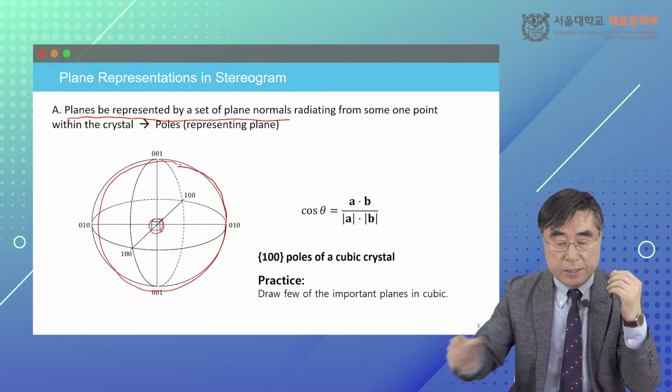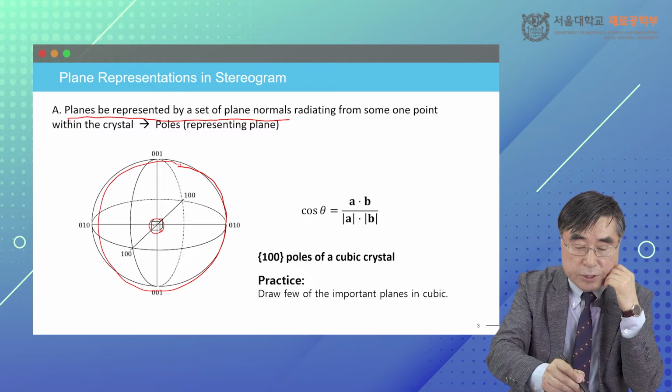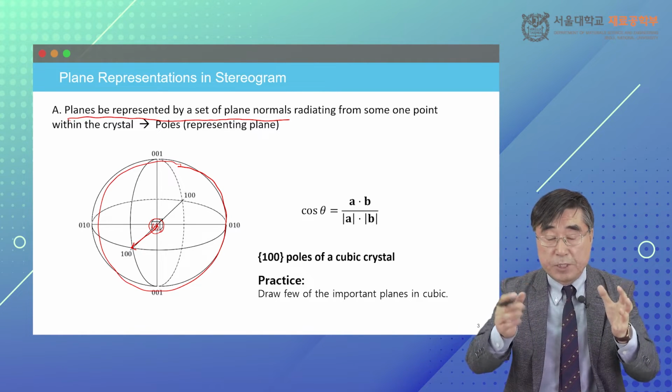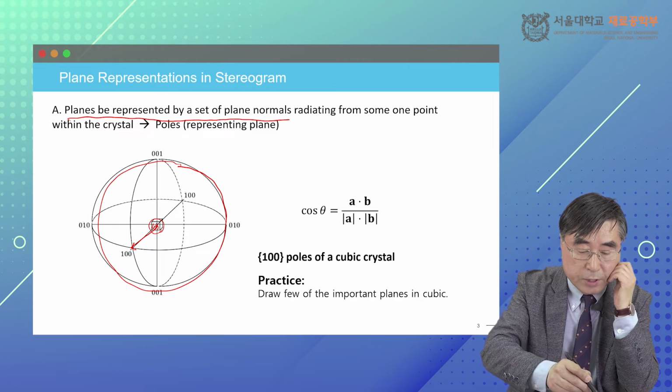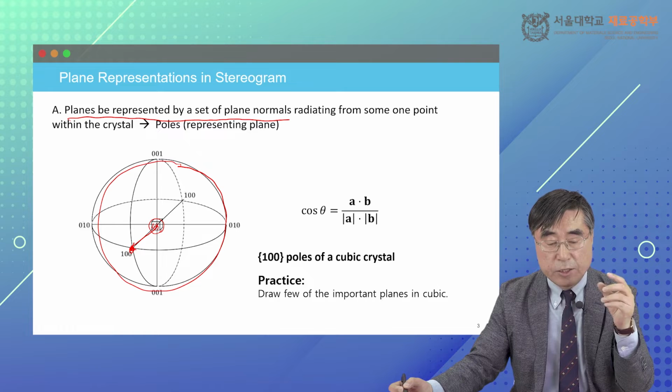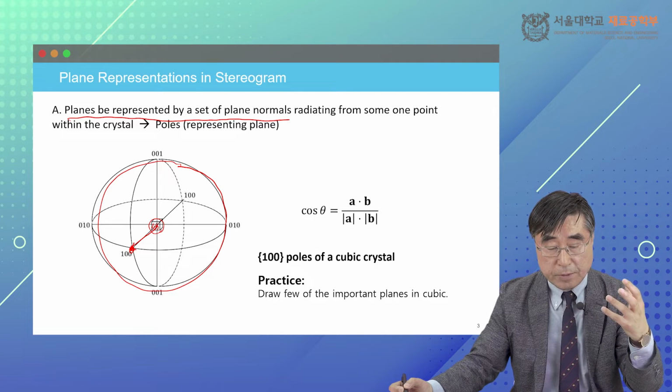What it means is, if we designate the 100 plane here, then you draw the normal line to this plane, and this normal line finally touches the surface of the sphere, and this one point designates the 100 plane of this crystal structure.